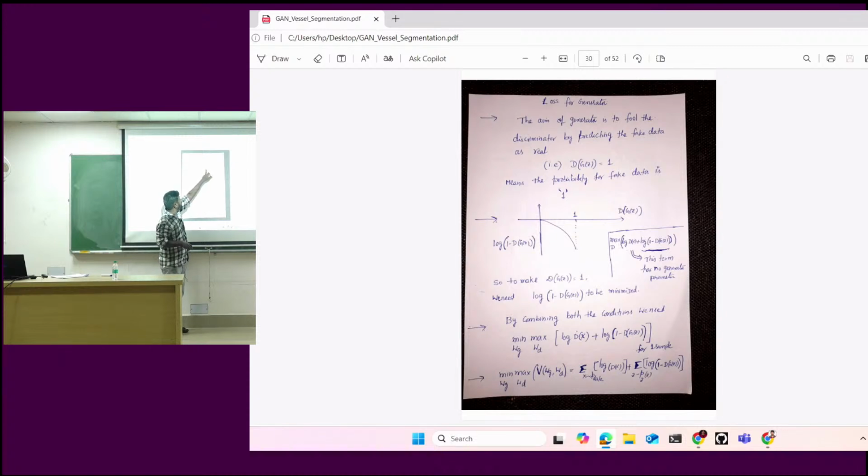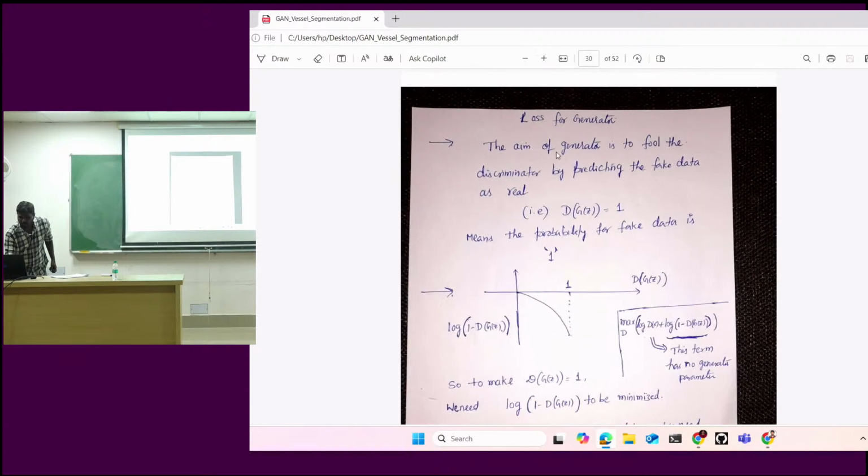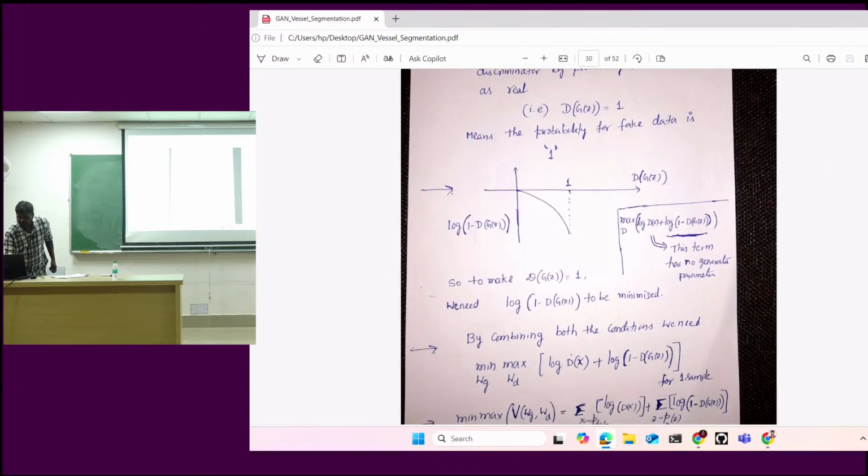So this is the loss function that you see for the discriminator.